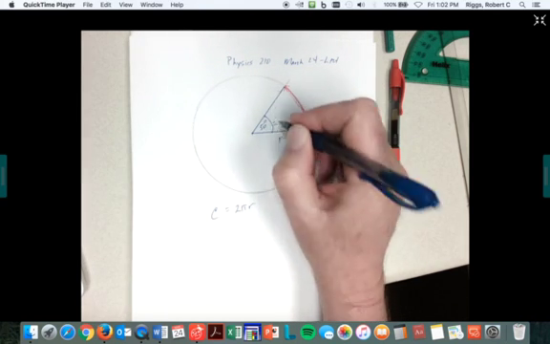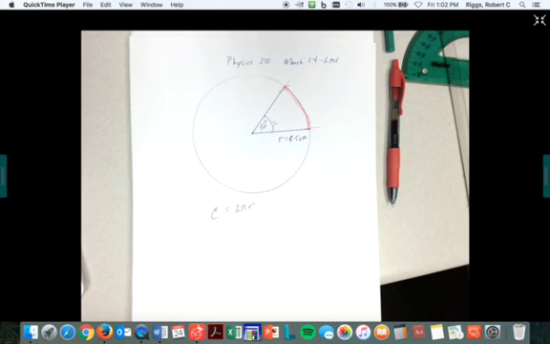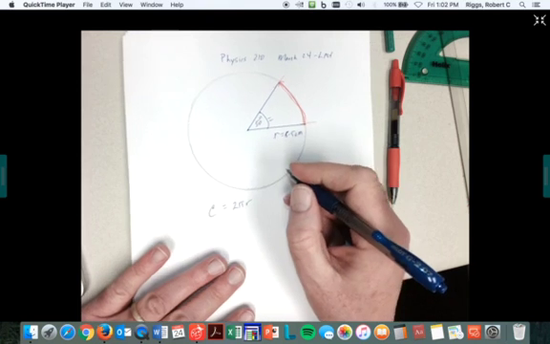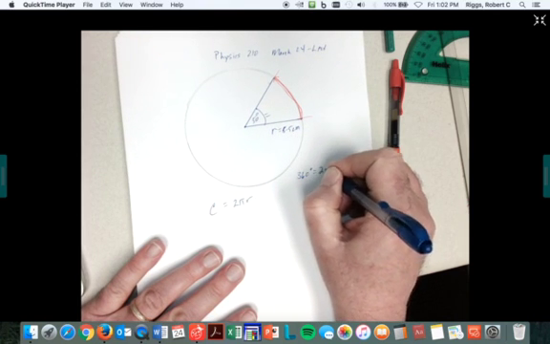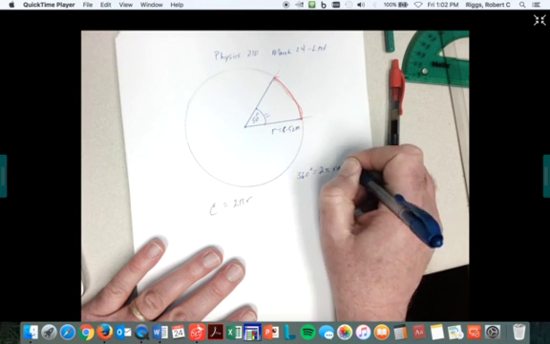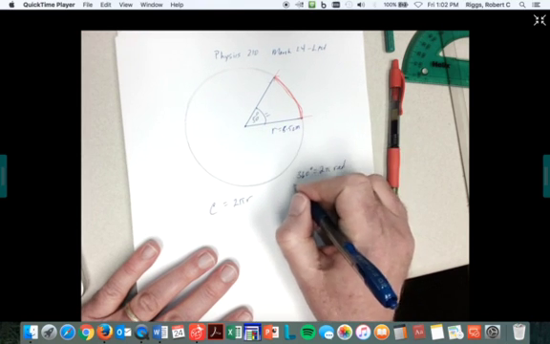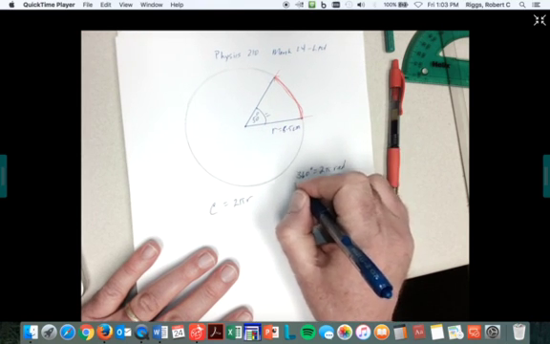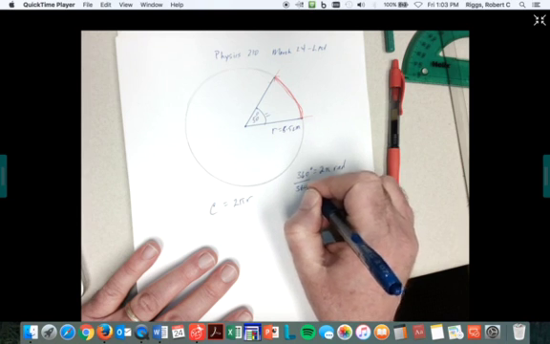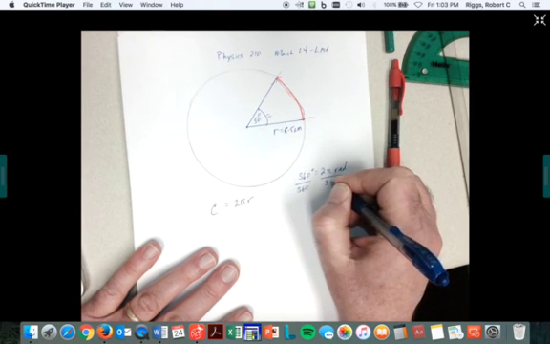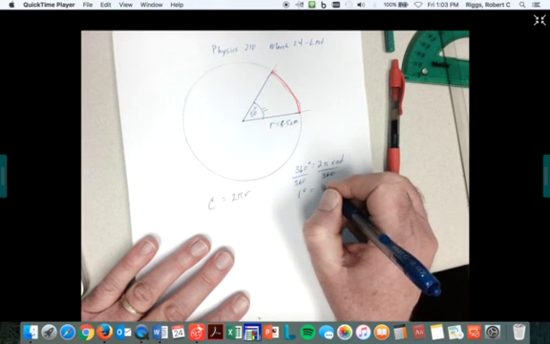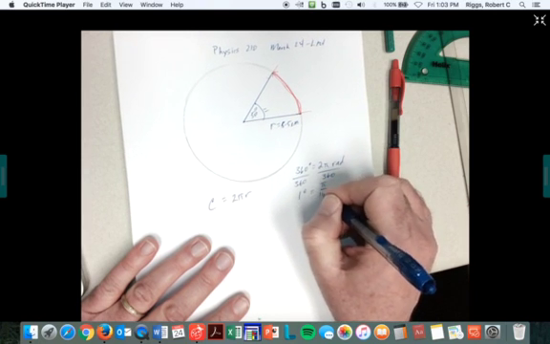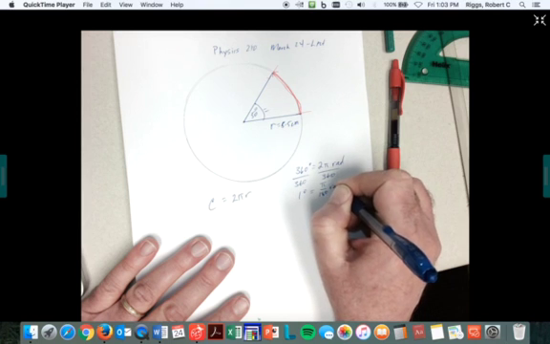I'm going to change this angle into radians. 360 degrees is equal to 2 pi radians. If I divide both sides by 360, I get 1 degree is equal to pi over 180 radians.